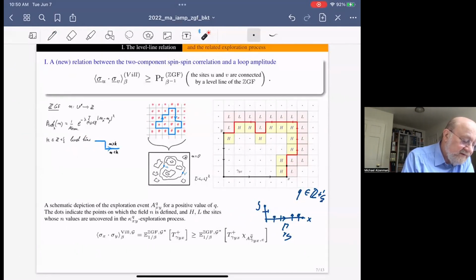The trick here is to come up with an exploration process which does not generate more information than needed. Basically, we want to retain the Markov property of the model and have a conditioning whose effect can be kept track of. So the algorithm is described, I think, on the next page.